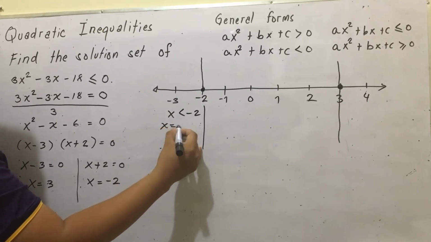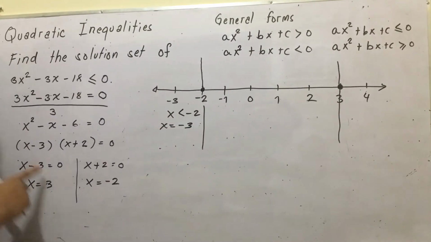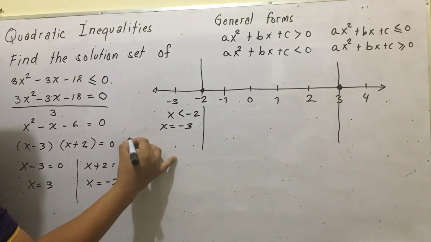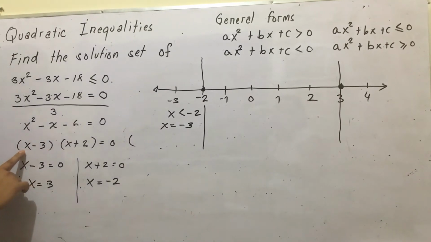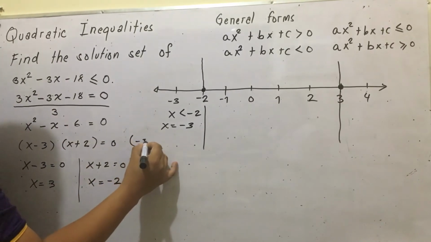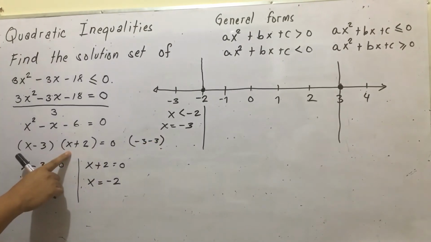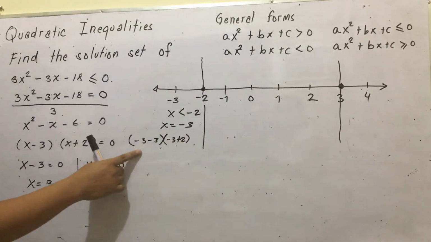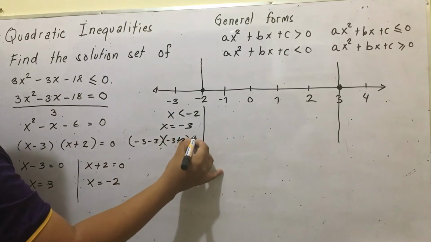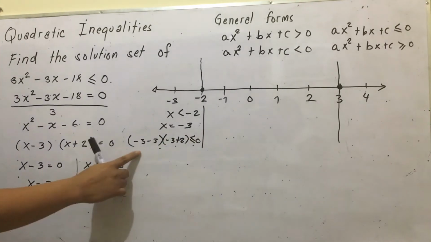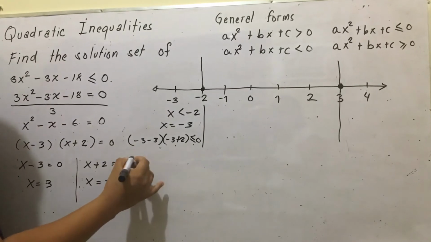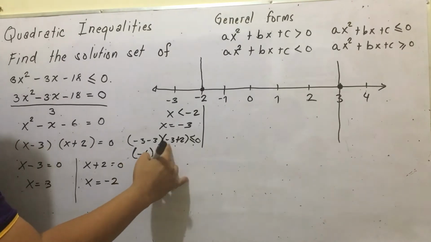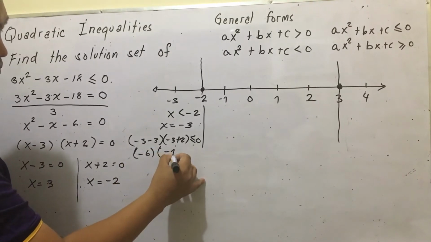So if x is equal to negative 3, let's substitute into our factored form: negative 3 minus 3 times negative 3 plus 2. Let's check if this is less than or equal to 0. Negative 3 minus 3 is negative 6, times negative 3 plus 2, which is negative 1.